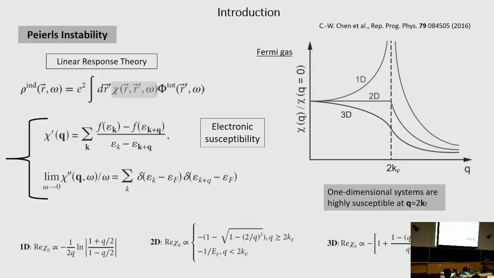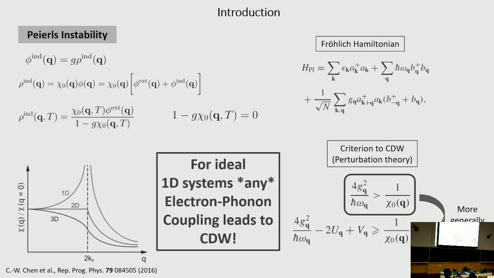So what does it mean? It means that your system is highly susceptible to external perturbations. Then, if you include, for instance, an external perturbation like electron-phonon coupling, as here in the Fröhlich Hamiltonian, you can show that you can lead to a charge density wave based on this inequality.